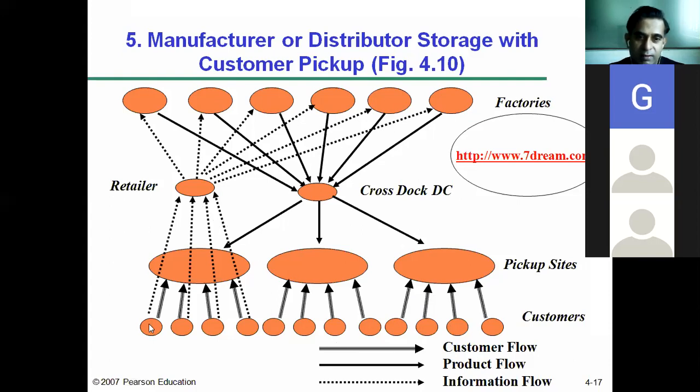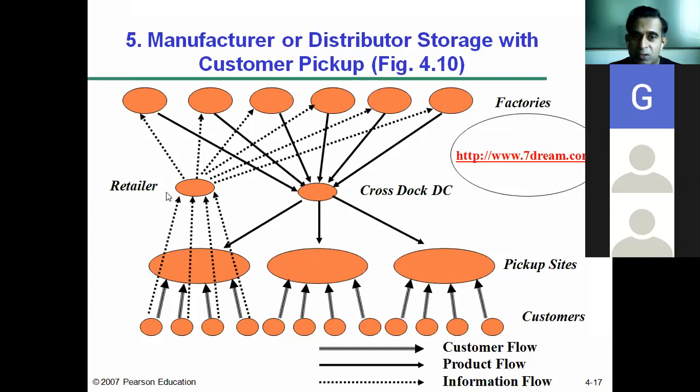Let us say the consumer places an order with the intermediary, retailer or distributor, whatever you call it. I prefer to use the word intermediary now. That order will be passed on to the manufacturer.